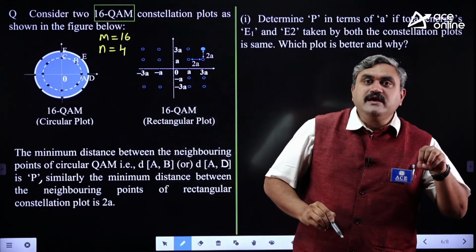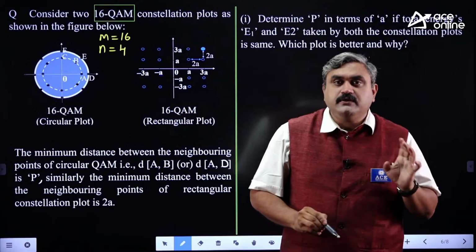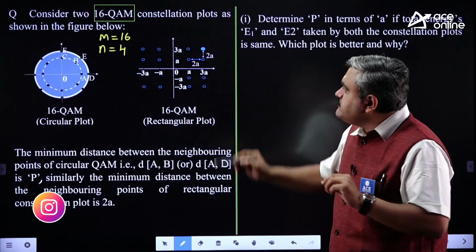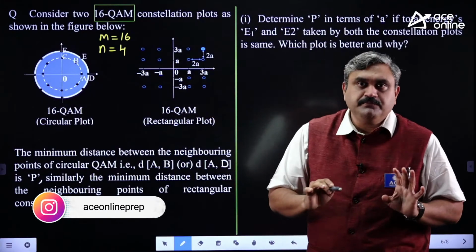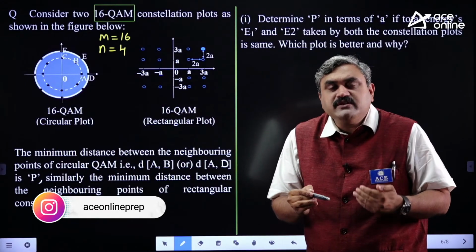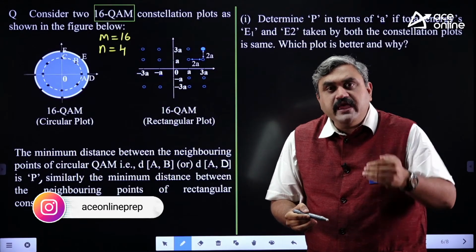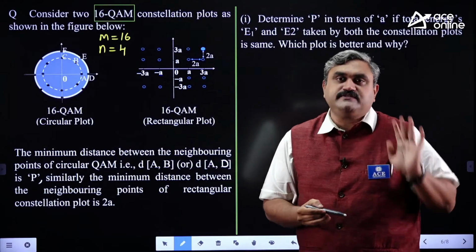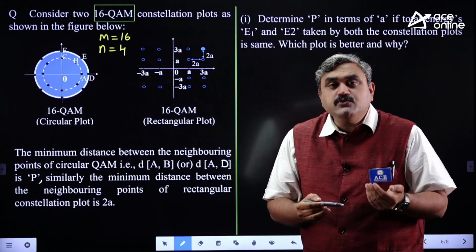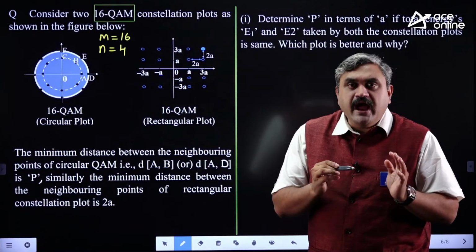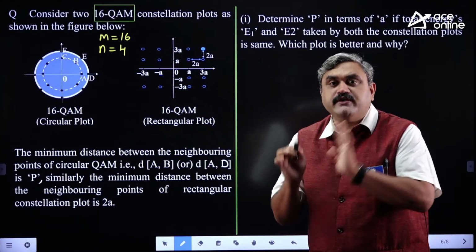That is what is called M-ary transmission. Which model of modulation scheme you are using? M-QAM you are using. So quadrature amplitude modulation will have variation in amplitude as well as phase. So some bits you might use for representing amplitude and some bits you might use for representing phase.